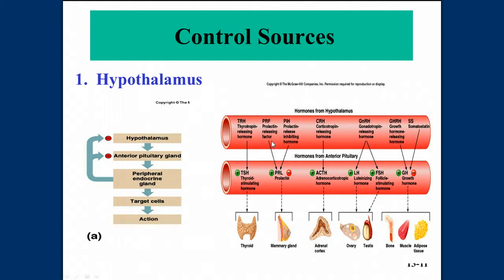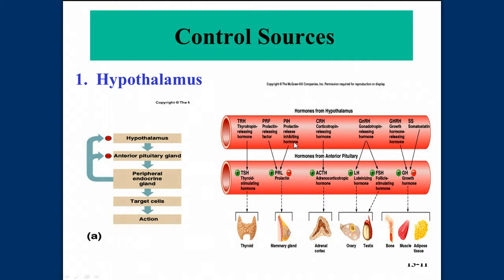This prolactin releasing factor can be released by the hypothalamus, and that hormone will go to the anterior pituitary, where the anterior pituitary will release the hormone prolactin, which stimulates the mammary glands to produce milk. Or the prolactin release inhibiting hormone can be produced by the hypothalamus, and that inhibitor will go to the anterior pituitary, and it will prevent the prolactin hormone from being released.